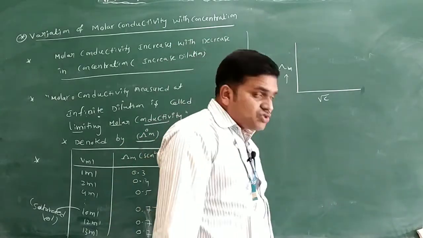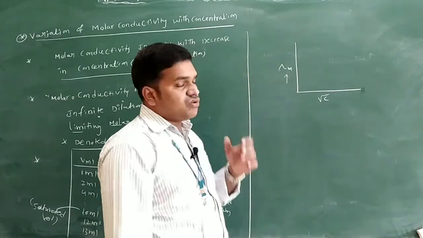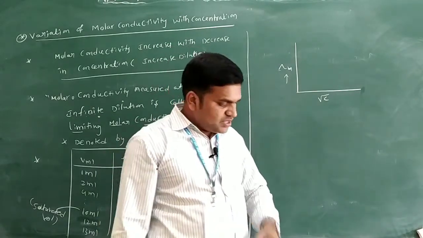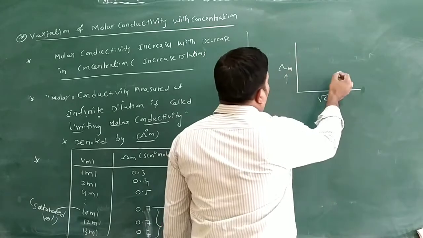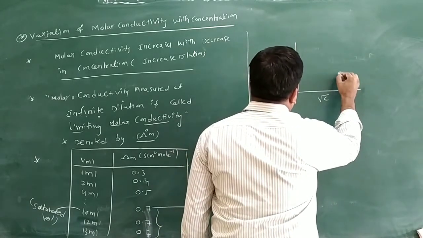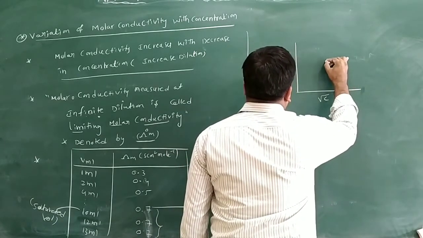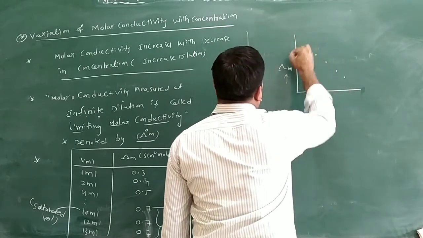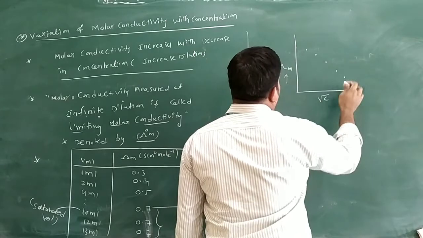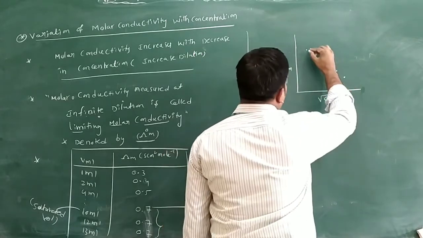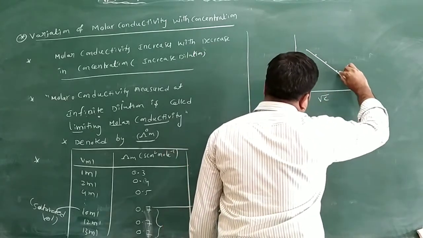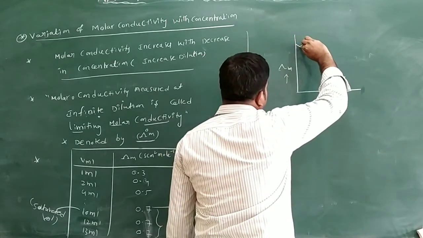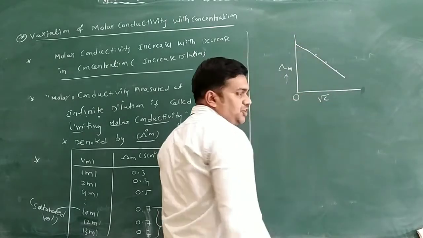Generally for a strong electrolyte, molar conductivity slowly increases with concentration. I take certain points here, and molar conductivity increases slowly with concentration of the solution, but at a certain point it touches zero concentration.